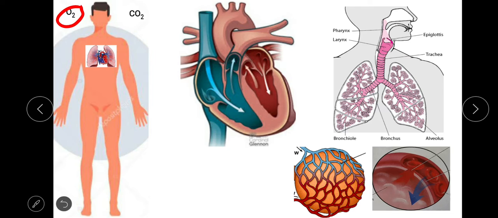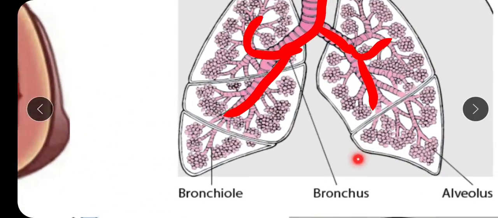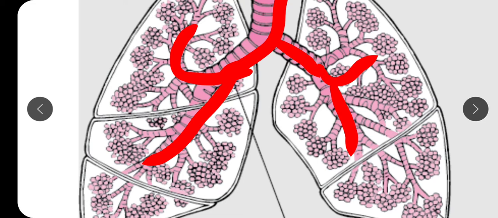And the oxygen from the air, when we inhale, enters the nose and then through our nasal cavity and then to the pharynx, or what we call the throat, and then the larynx, also known as the voice box, down to the windpipe or trachea, and then down to the two branches called bronchial tubes, and then to the small branches of bronchial tubes called bronchioles, and the end part, also known as the alveoli here, just like a small bunch of grapes.